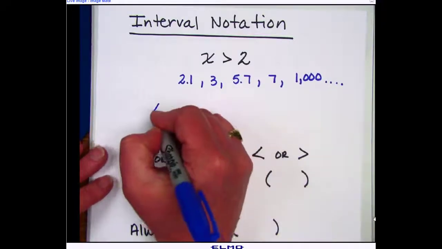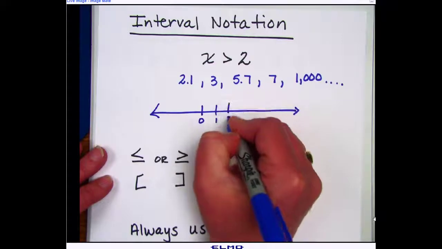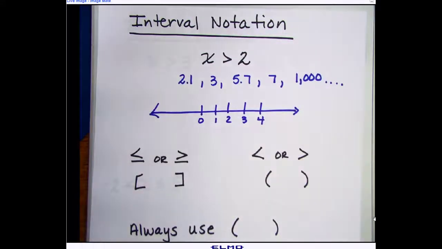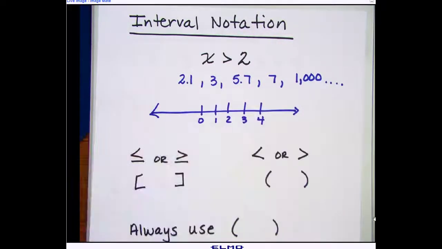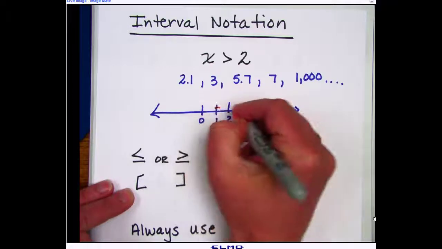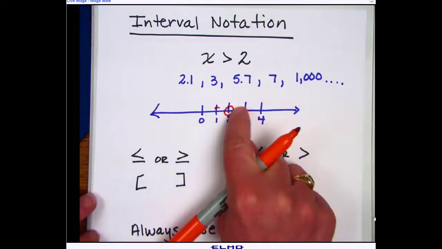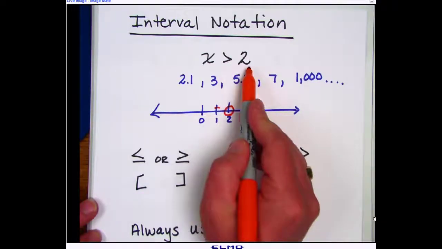If we look at this on the number line, which you maybe have done in the past, I could display it this way. Remember, if I have a greater than sign without an equal, I would use an open circle on the 2. Open circle means it can be any value almost to there, but it can't be equal to that value.